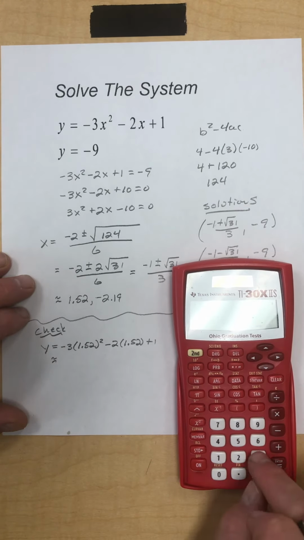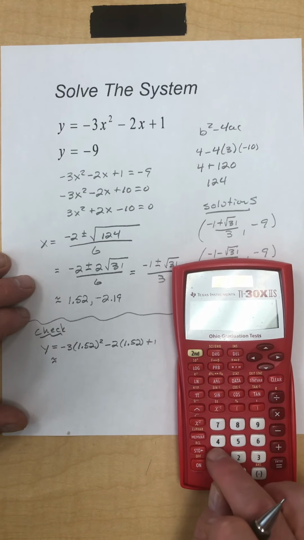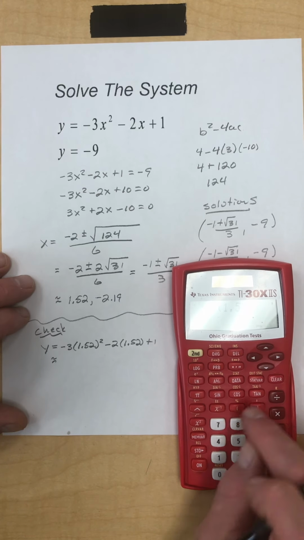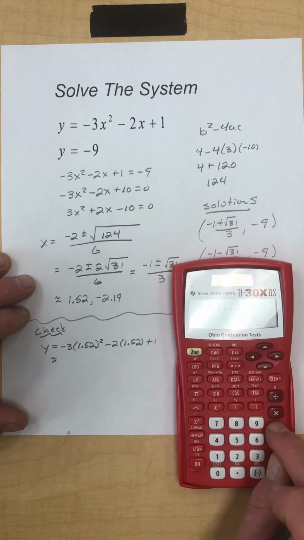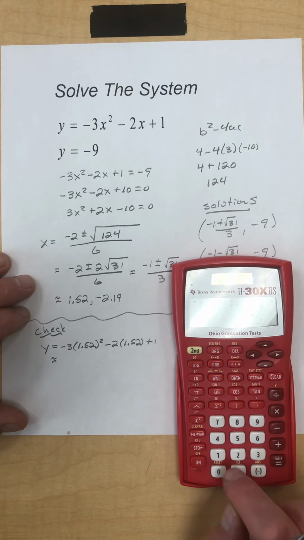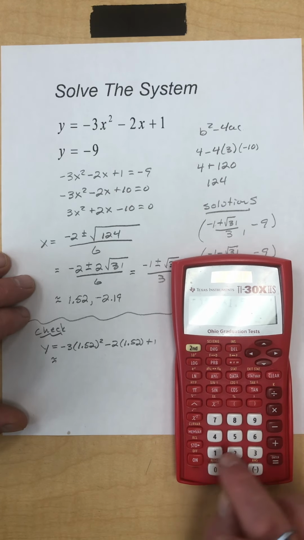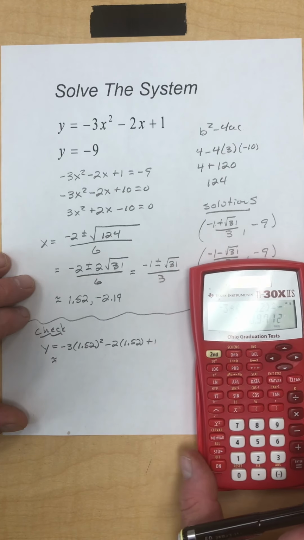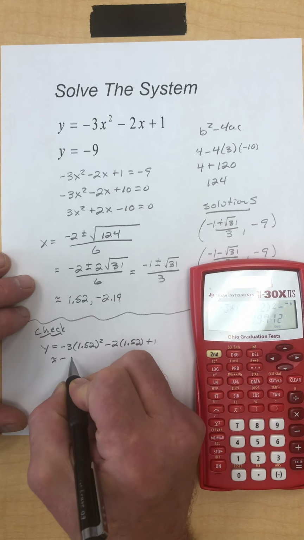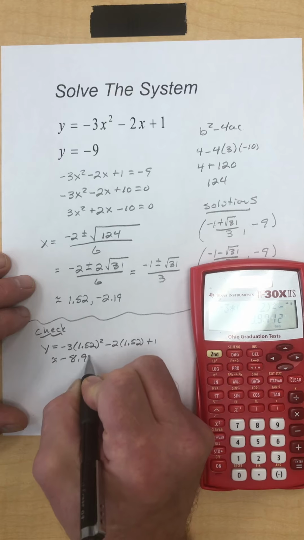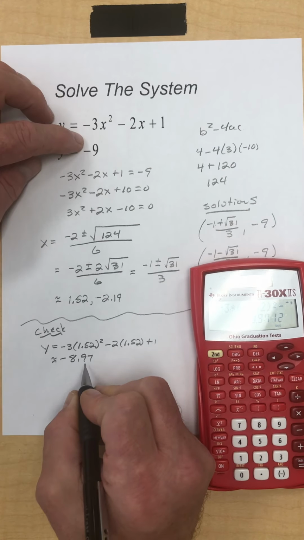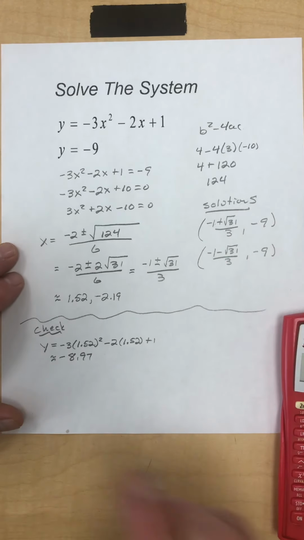So let's see, negative 3 times 1.52 squared minus 2 times 1.52 plus 1. I'm getting negative 8.97, so obviously real close to negative 9, so I should feel good about that guy.